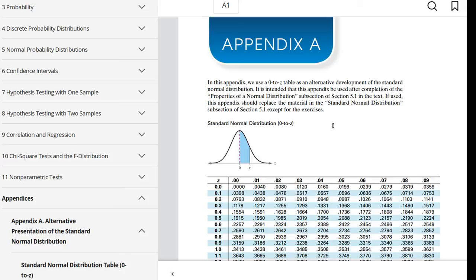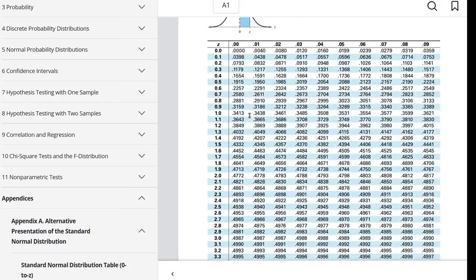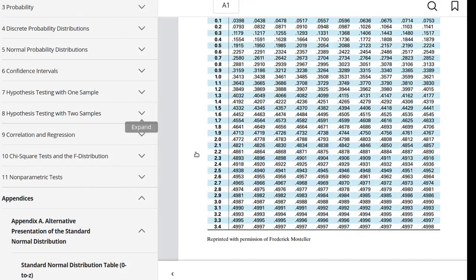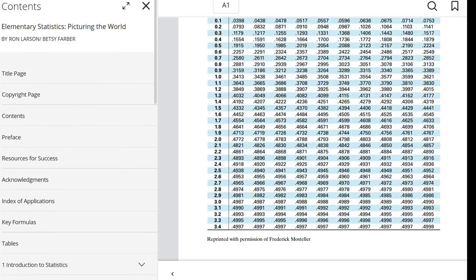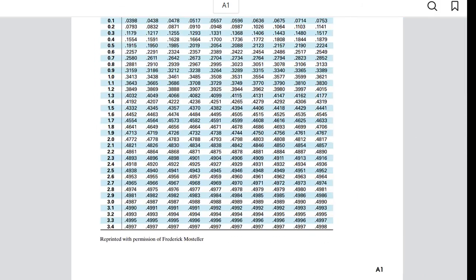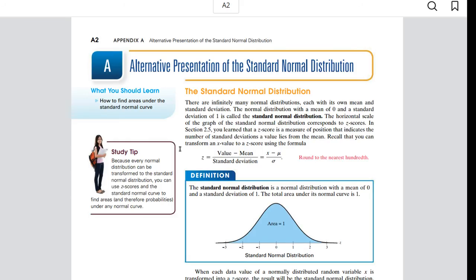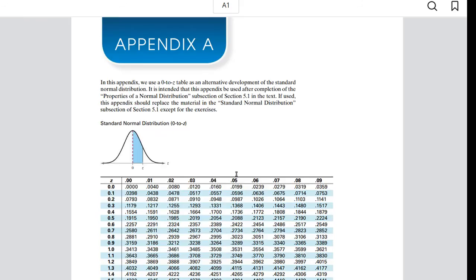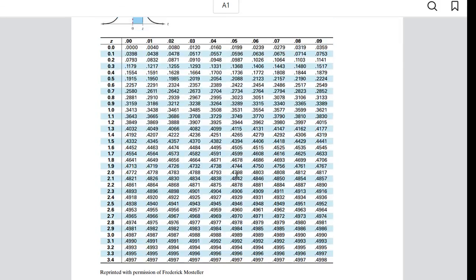Standard normal table. Let's see if I can actually scroll this out. I'm looking for a 0.01. I'm having a hard time getting this column to go up here. There we go. Next page. Go back. Not getting the second half of the page here.